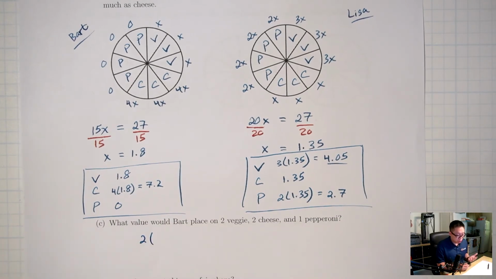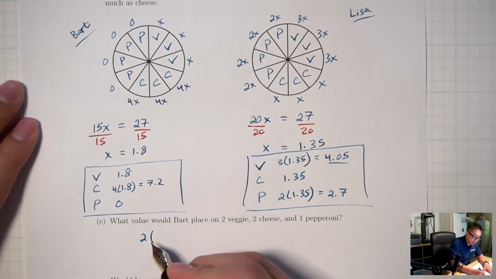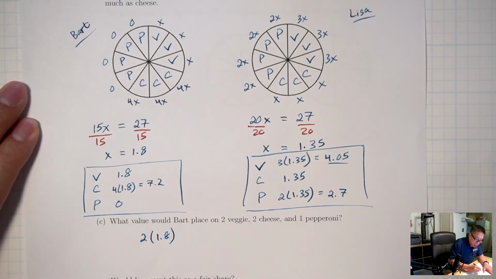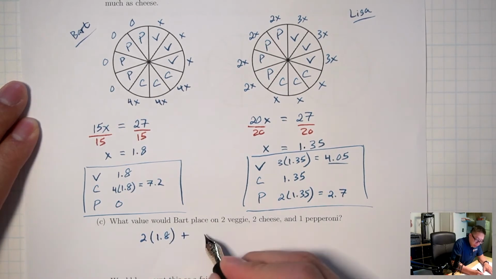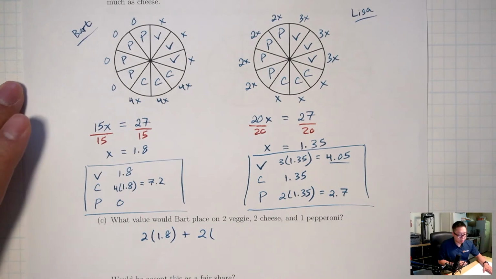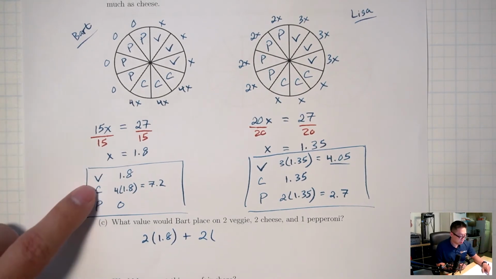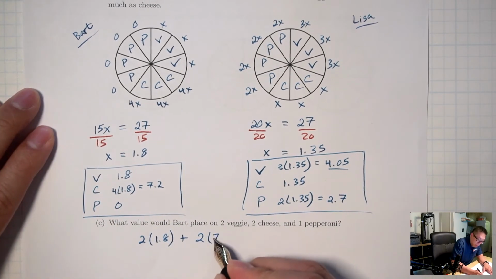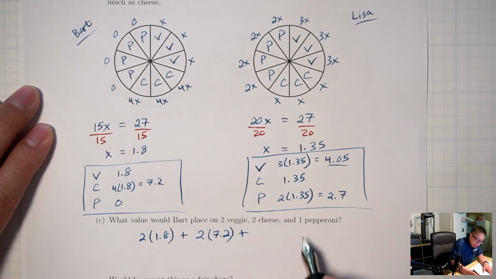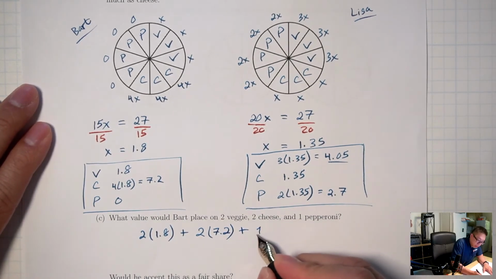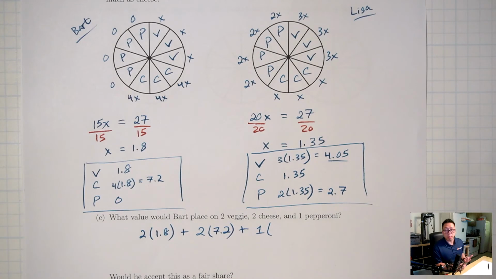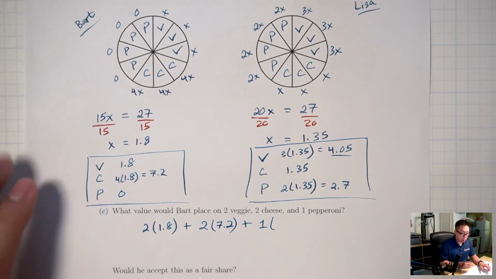He values the veggie 1.8, so 2 times 1.8, plus 2 cheese. How much did he value cheese? He values the cheese 7.2, plus 1 pepperoni, so 1 times. How much did he value the pepperoni? Pepperoni was 0, so 1 times 0.